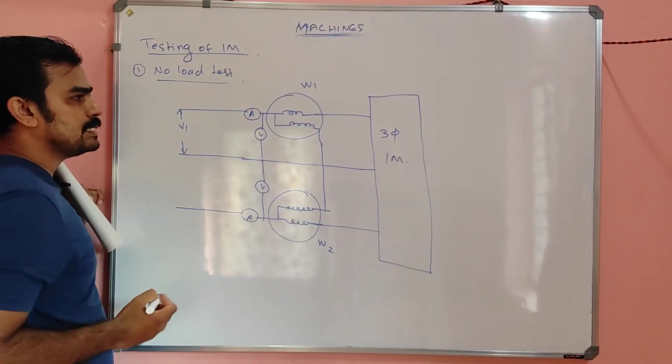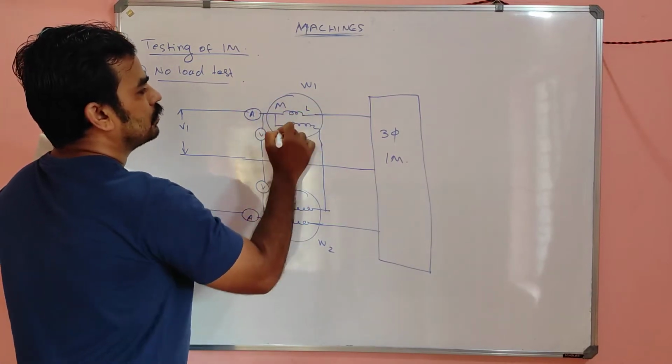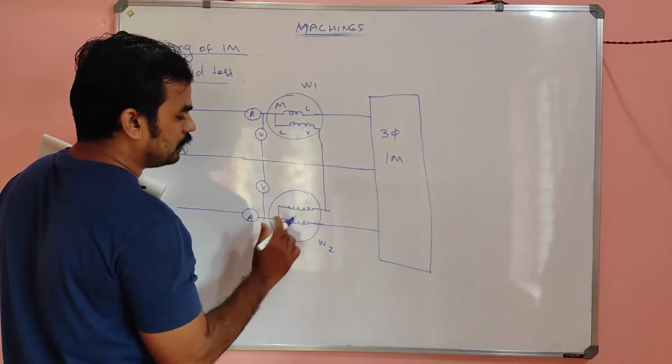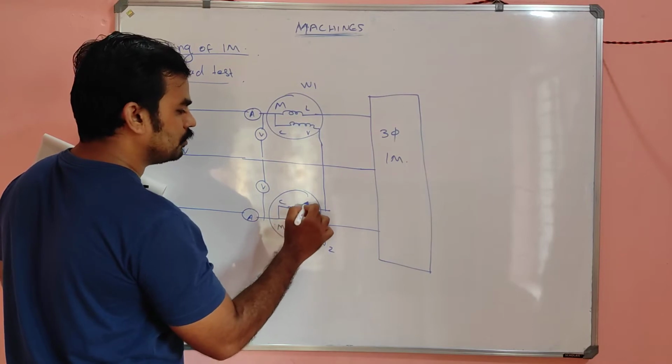Okay, so this is the circuit diagram for both the no load as well as the blocked rotor test.